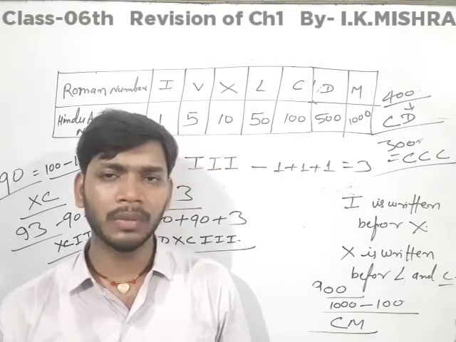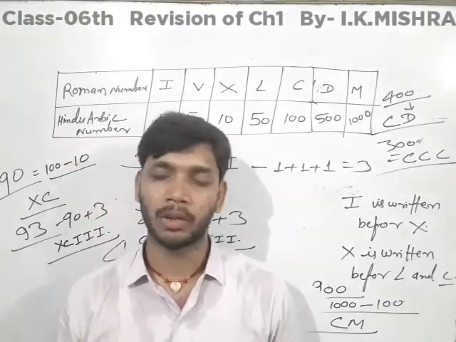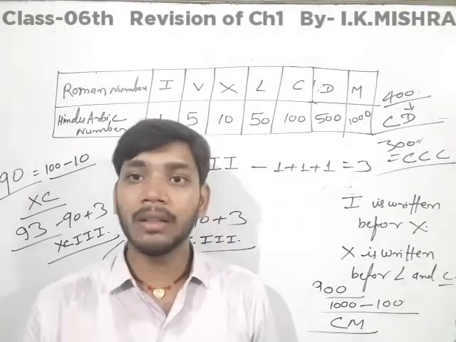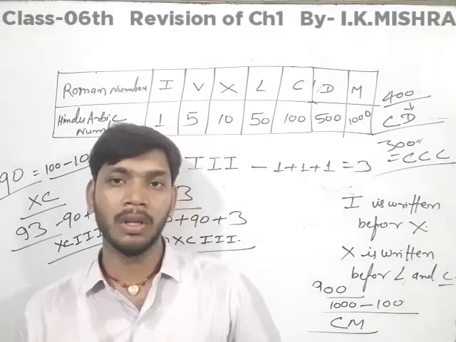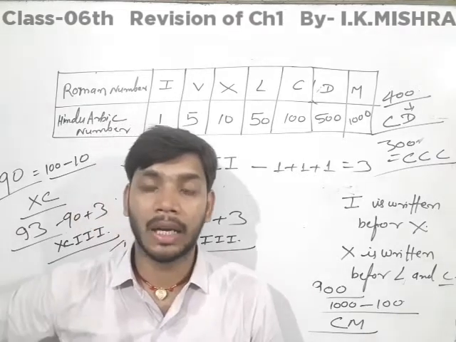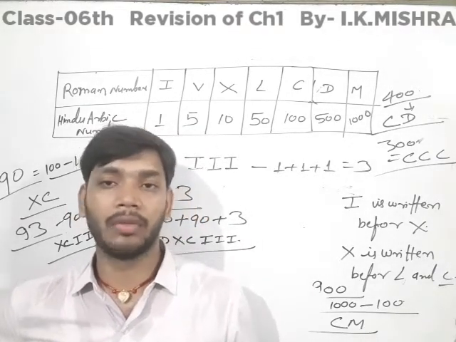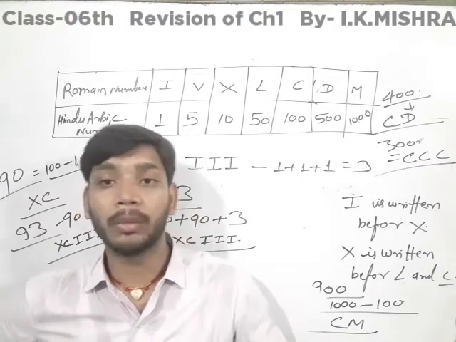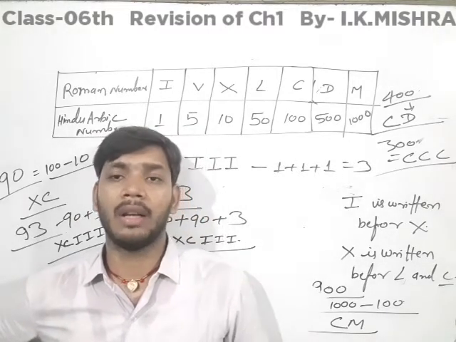If any problem, then contact me. Send your problems to me. Students, in completing your exercise, your chapter is complete. Here I discussed estimation of numbers and how to represent Hindu Arabic numbers as Roman numbers.